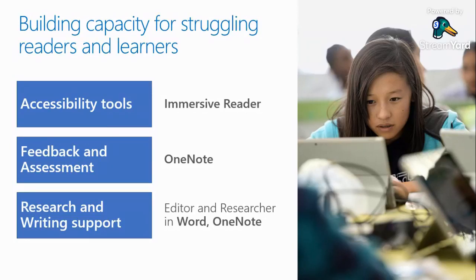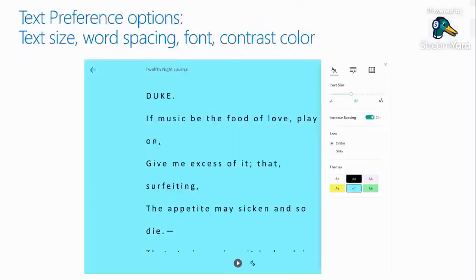So first, sometimes a student needs more time with a text to achieve comprehension. So sometimes additional tools might be useful to them as well. Immersive Reader offers tools designed specifically to support students with dyslexia, color blindness, dysgraphia, and several other needs.